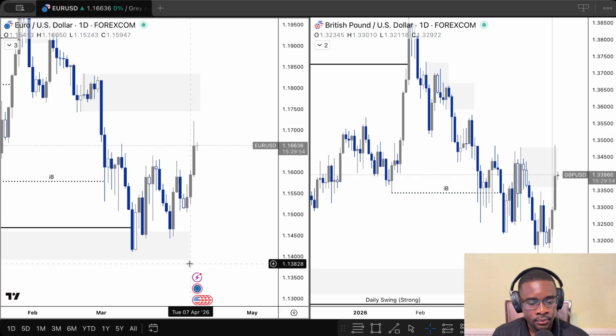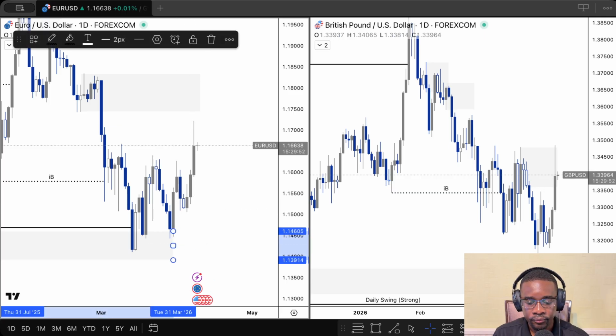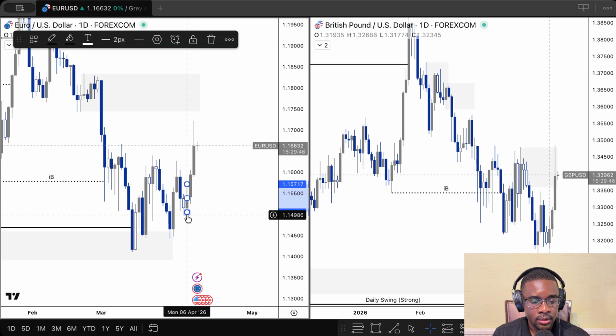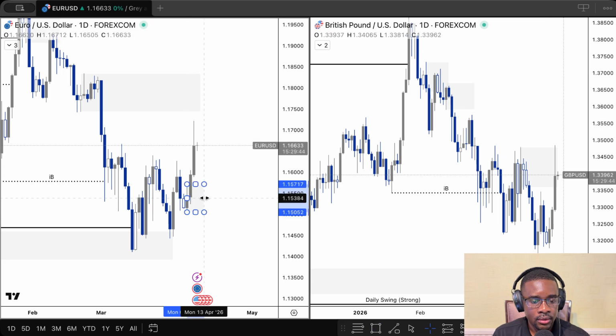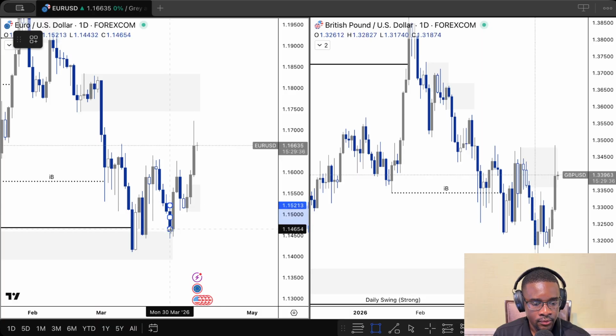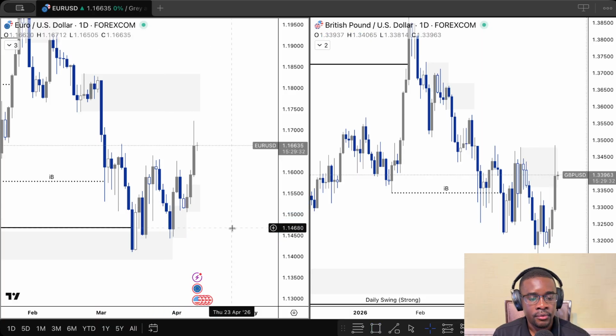And then in terms of our demand, this is currently the demand in control. And then obviously we have this area as well.